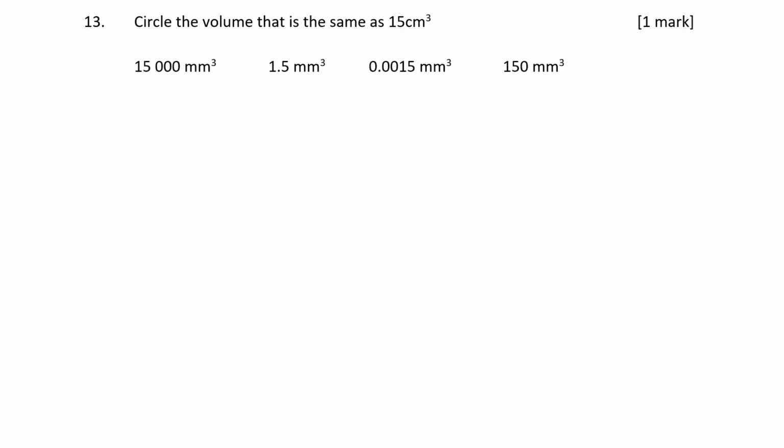Question 13. Circle the volume that is the same as 15 cubic centimeters. Now, first off, 1 cubic centimeter, what is that in terms of cubic millimeters? How many cubic millimeters in a cubic centimeter? Well, you know that there are 10 millimeters in a centimeter.